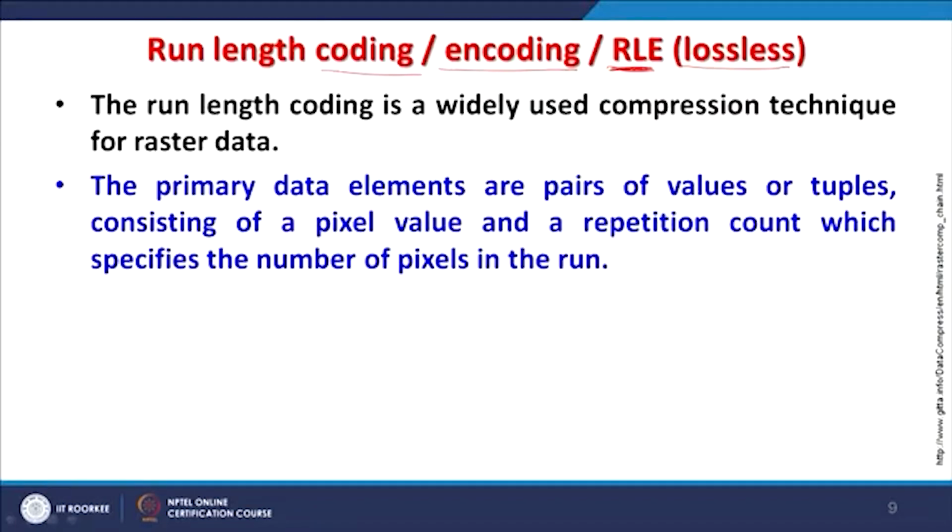So it does not matter. The primary data elements are pairs of values or tuples consisting of a pixel value and a repetition count, which specify the number of pixels in the run, because here we are running along the boundary, that is why it is called run length, counting the length along the boundary.